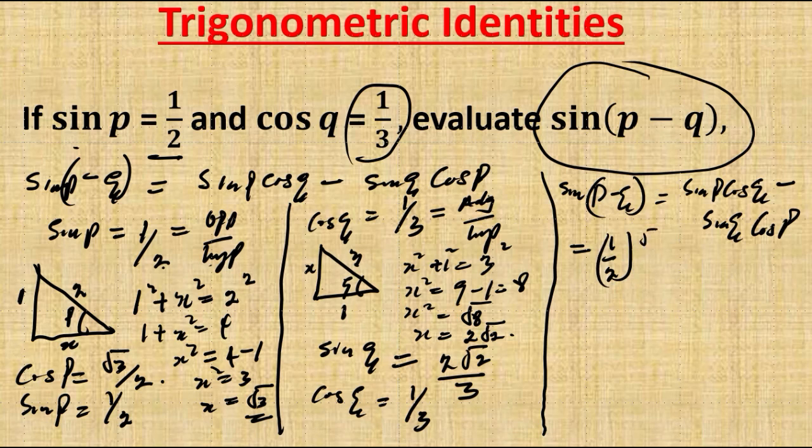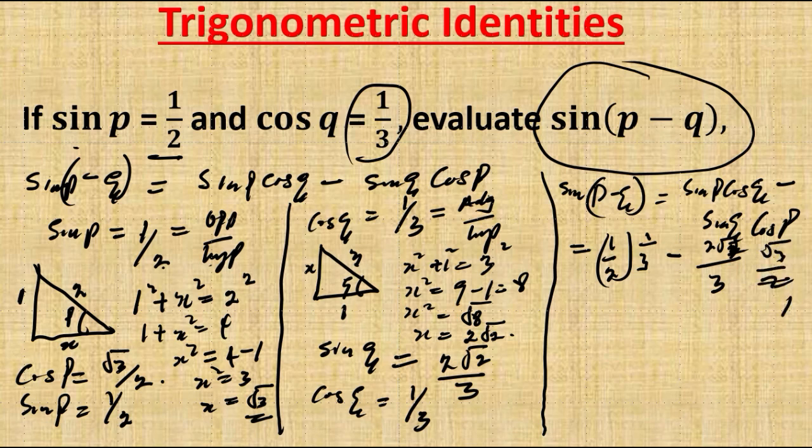Sorry, let me change that. Cos q is 1 over 3, minus sine q, that's 2 root 2 over 3, and cos p is root 3 over 2.